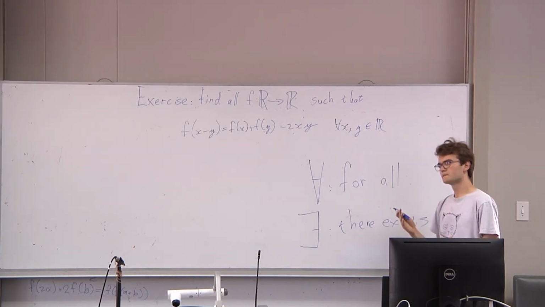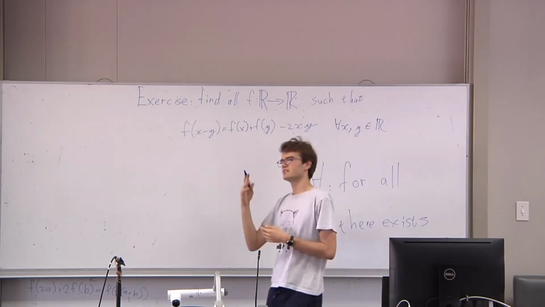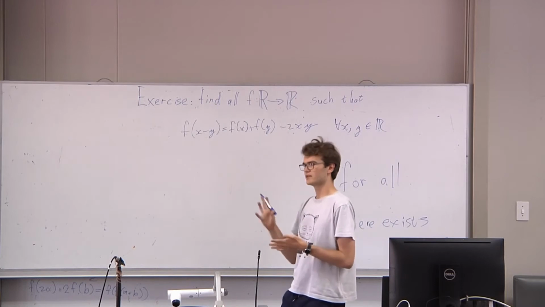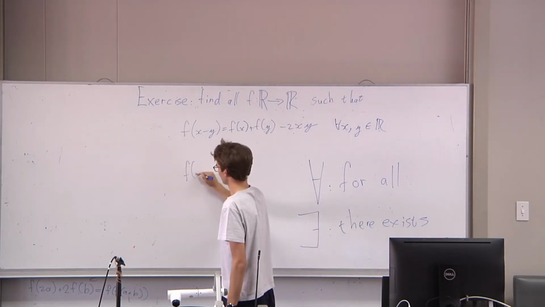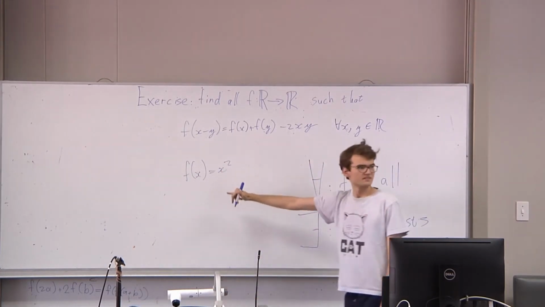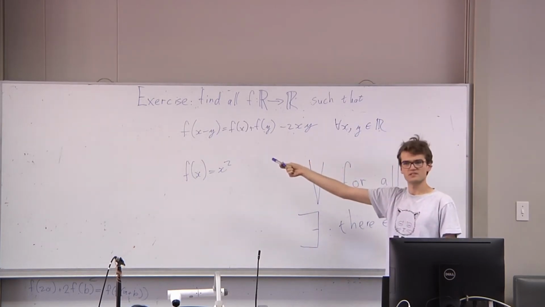Because I wouldn't know where to start to guess one. Okay, so that would be the next step after this, but this is kind of a way of checking yourself. So you start off by perhaps noticing that f of x is equal to x squared always satisfies this equation.